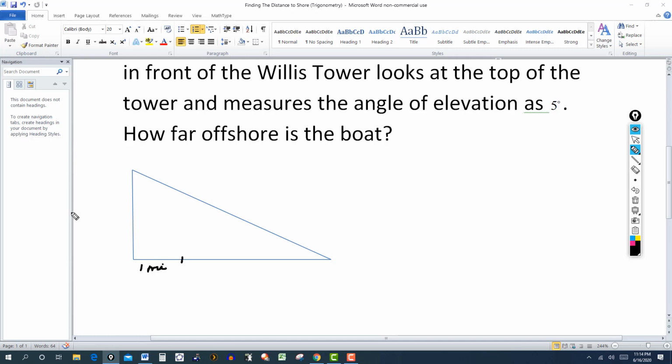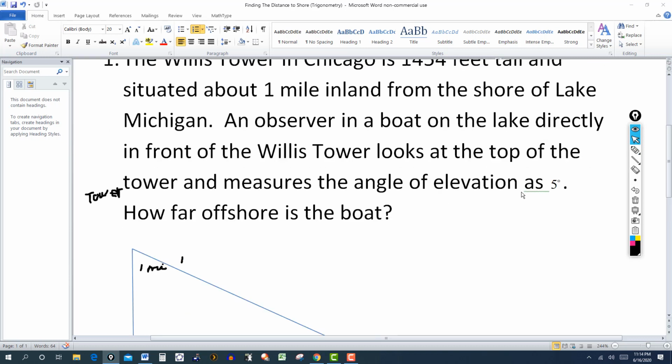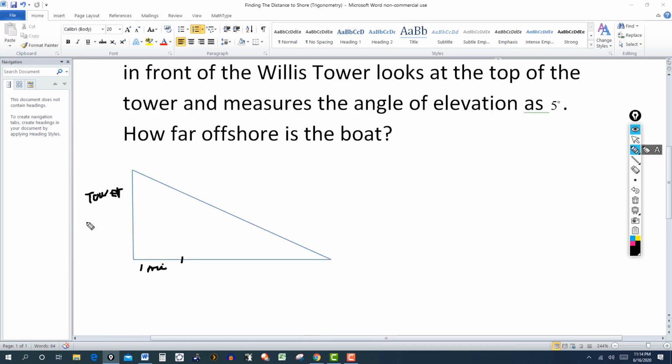So the tower is going to be this side of the triangle, and it's 1,454 feet tall. So this side is 1,454, and that's feet.